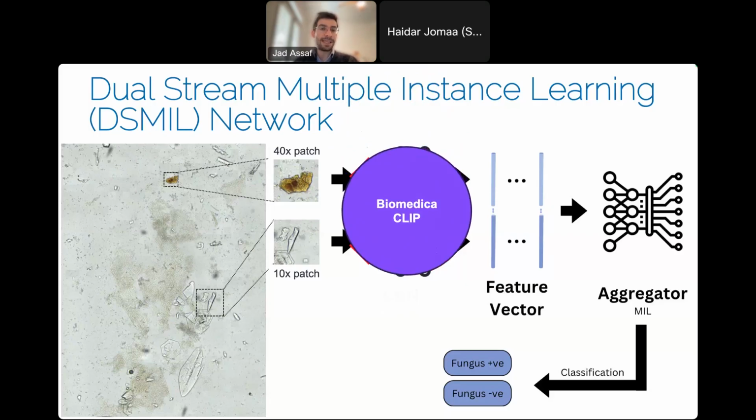I found online a recently published paper called Biomedica. Essentially, they trained a CLIP model on text and image pairs, and they trained it on the entire data set extracted from PubMed. Any image that shows up in PubMed, if it was a figure in any paper, they would extract that and feed it with the caption of the image into this CLIP model.